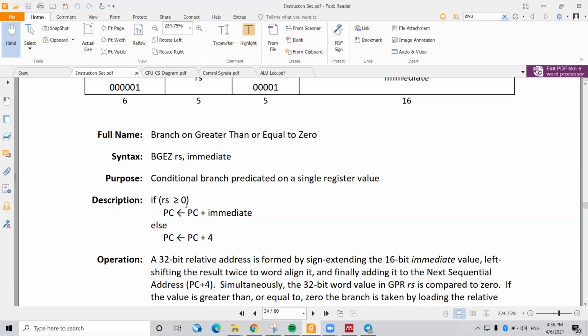This is one condition. If it is greater than 0, if we subtract RS from 0, that's not going to set the sign flag. This is another thing that should be interesting for us whenever we deal with the branch greater or equal to 0 instruction here.